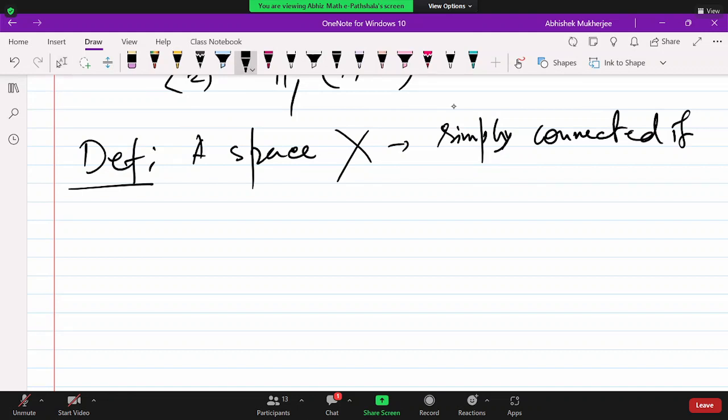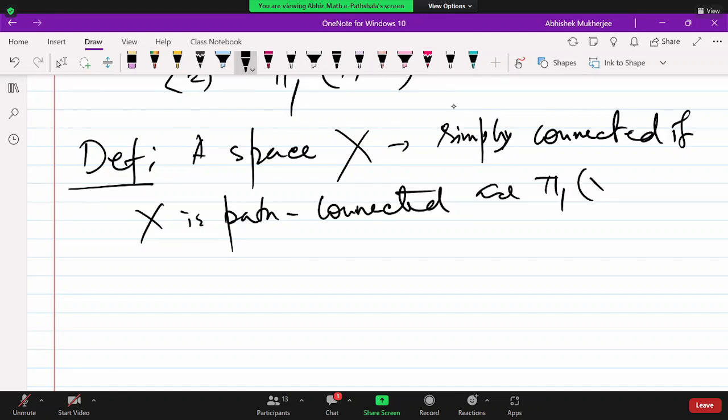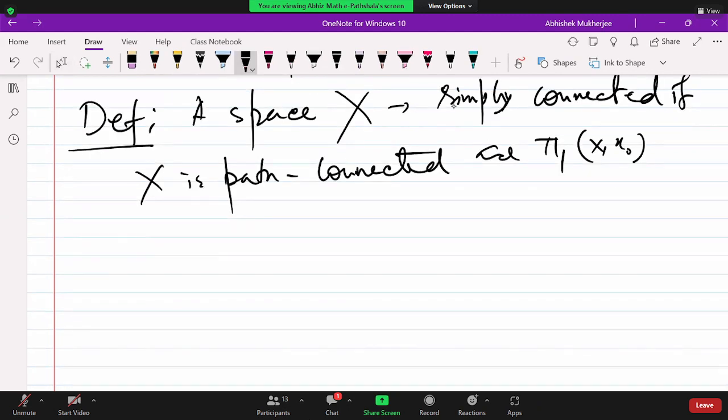So if X is path connected, and the fundamental group with respect to some base point x0 is the trivial group, right?